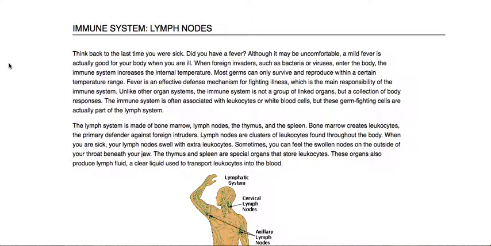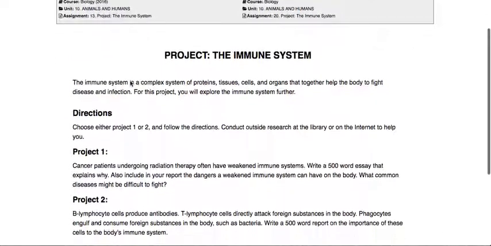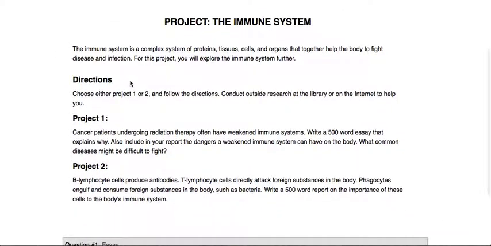When we're referencing the actual project, it's really asking you to choose one or the other. You couldn't possibly learn everything there is to learn about the immune system in one short lesson. That, in and of itself, is a field of study that biologists take years to understand, and developing that understanding is difficult.